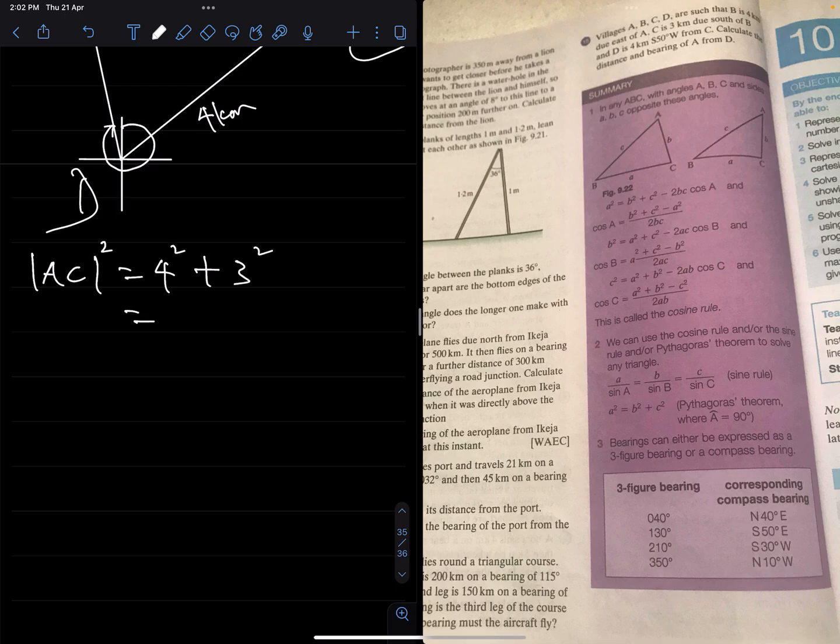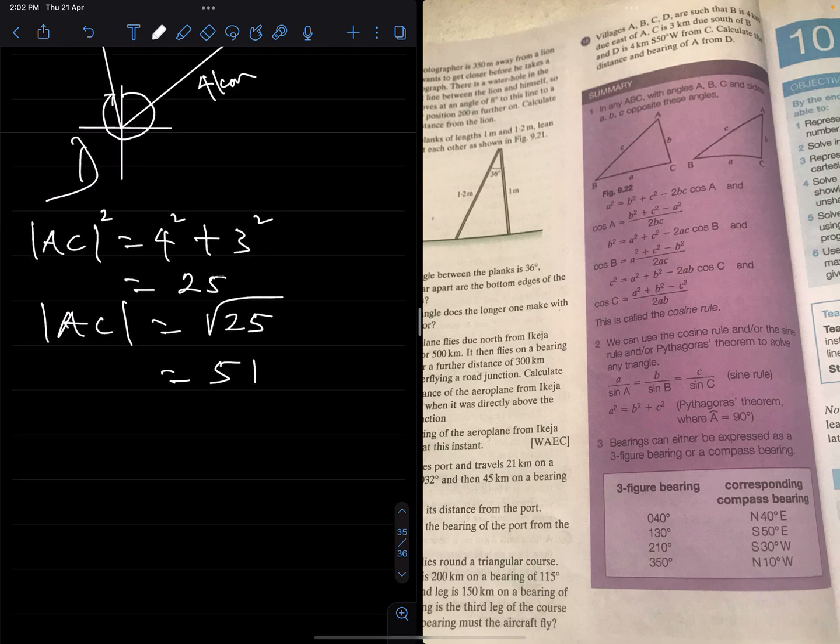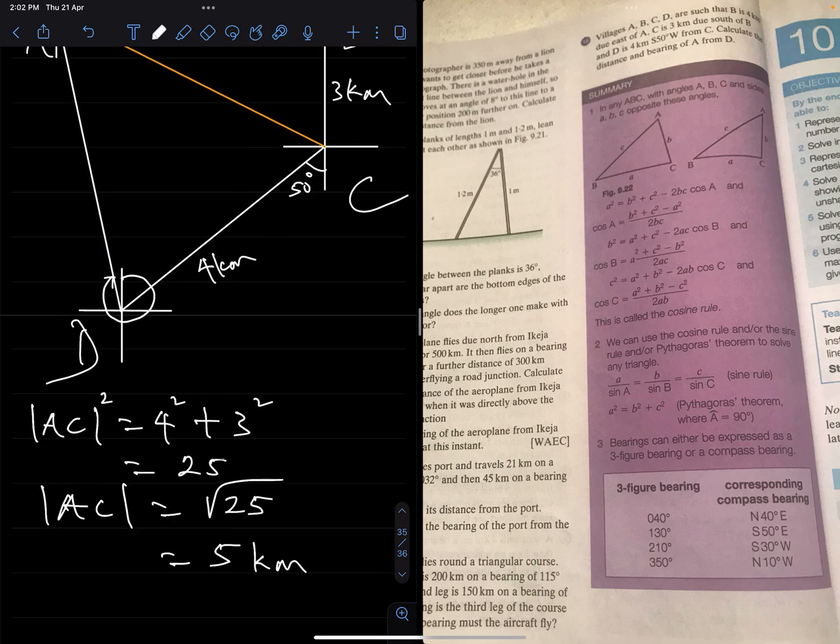That's 16 plus 9, 25. So length AC is the square root of 25, which is 5 kilometers.